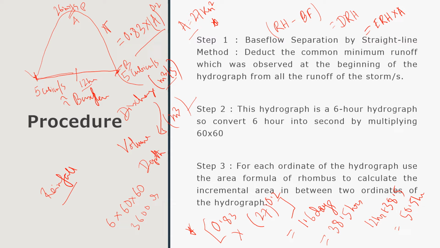you will see values are either 5 cubic meter per second or less than that. So that is also the reason why I deduct 5 meter cube per second from each of the ordinates, because those flows which are less than 5 cubic meter per second occur due to the base flow only.